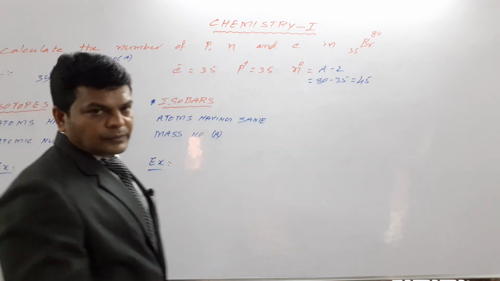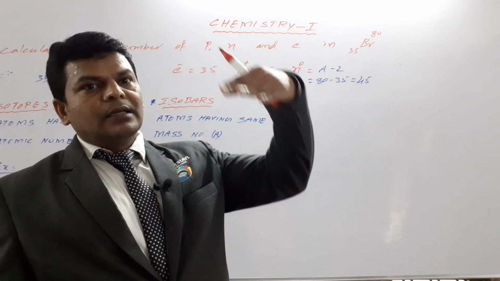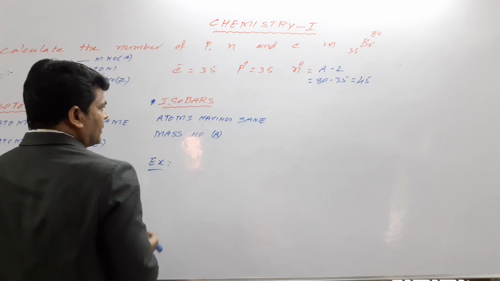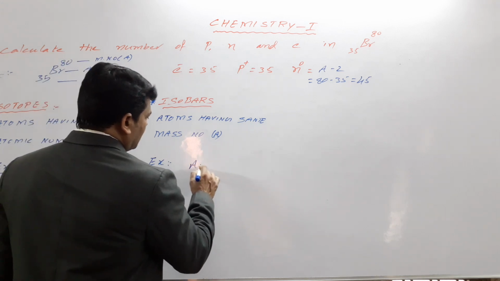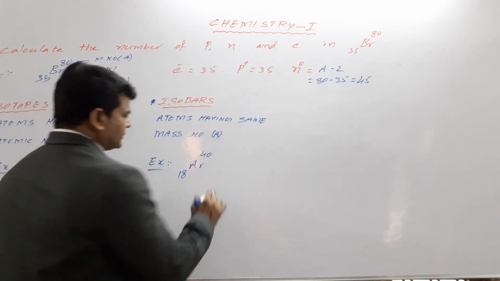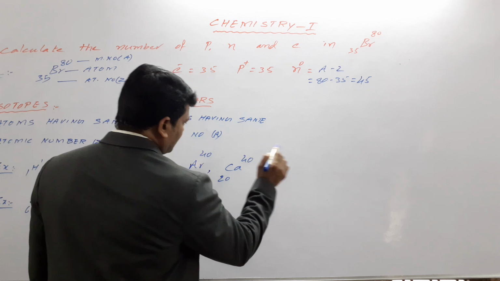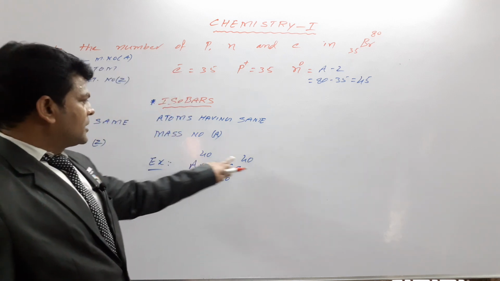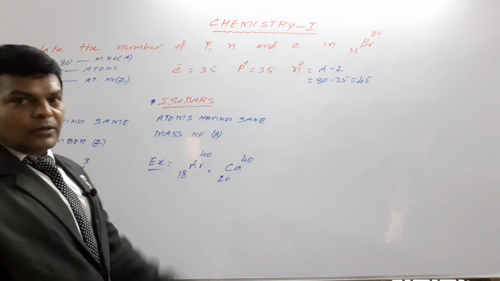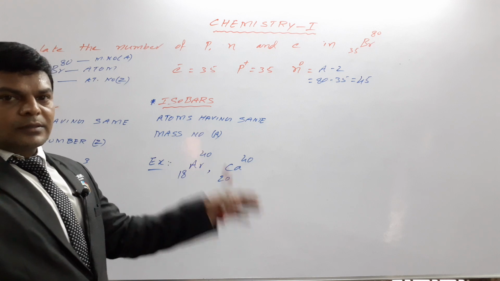Example, mass number can be written as a superscript for the atom. For example, argon 1840, next calcium 2040. See this mass number, same or not? So it is nothing but isobars.